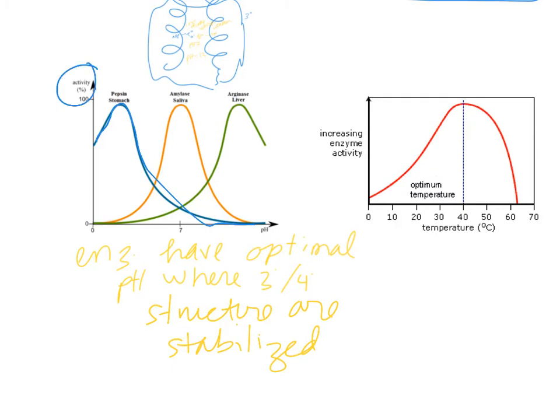So over here on the y-axis, this is enzyme activity. So the greater the number, the better the activity. And down here is pH. So at the peaks here, that's optimal enzyme activity. And you can see it drops off in either direction.